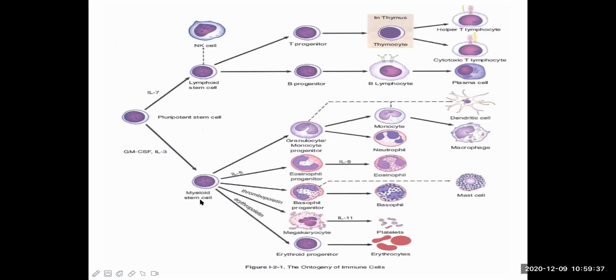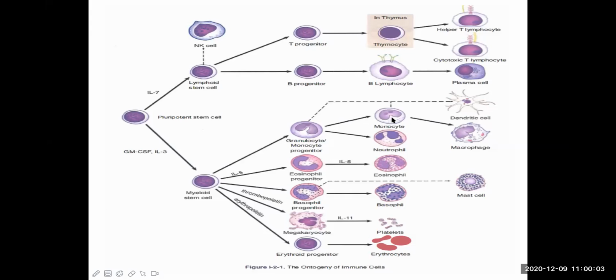Now let's go to the myeloid series. This myeloid stem cell will develop into different types of cells, like the granulocyte or monocyte progenitor, and from there monocyte and neutrophil are developed.